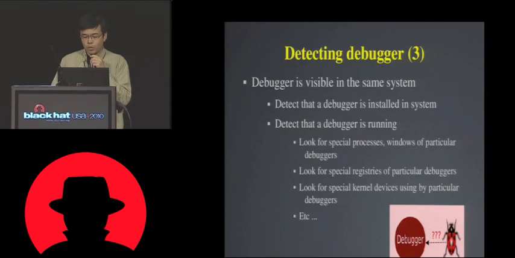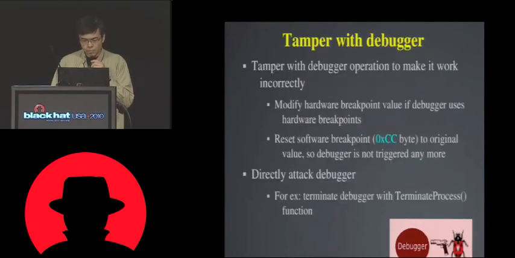Malware can also detect that it is being debugged, because the running debugger uses a special process, a special window name, or special kernel devices. So malware can detect the debugger.